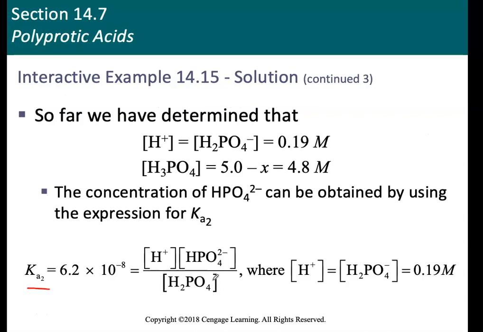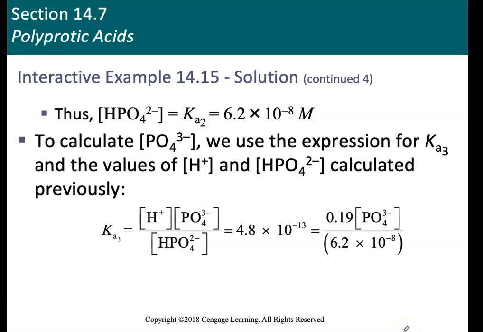Let's just go back in here. Ka2 will be equal to HPO4 2 minus over H2PO4 minus. Yeah, that's missing in here, the H2PO4. So we know the concentration of this and this from the above, and we know K. Now we can work out the concentration of HPO4 2 minus.